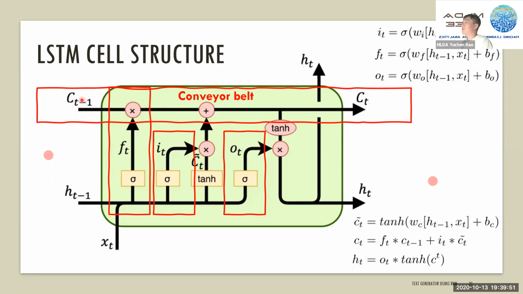And also, this is the memory from the previous step. And after we're doing this multiplication, we also go to here, which is our new input, which will take XT, and we're doing sigmoid again as input.